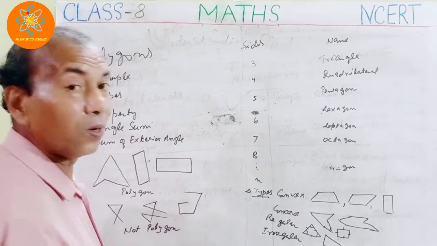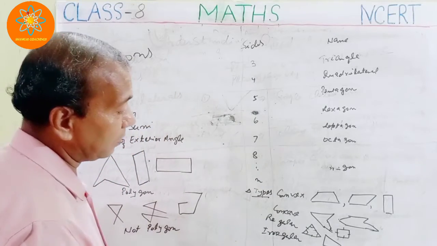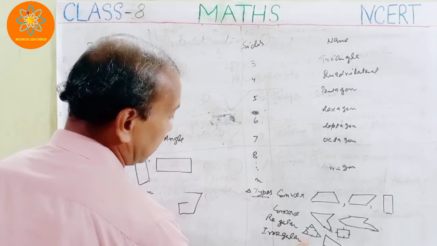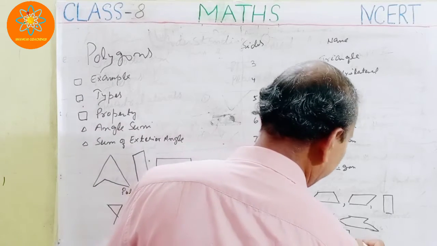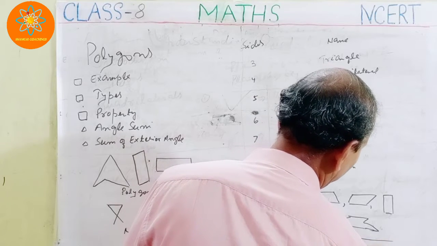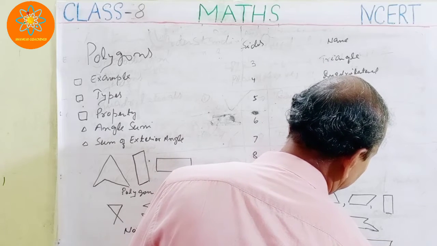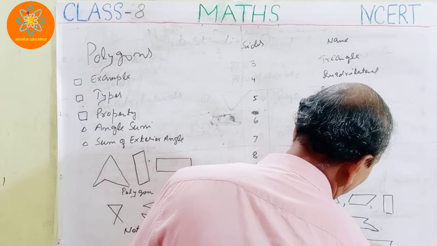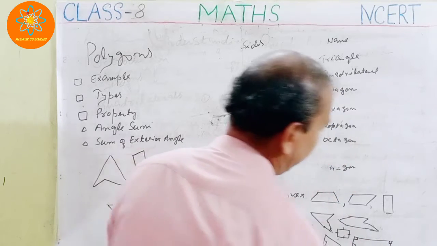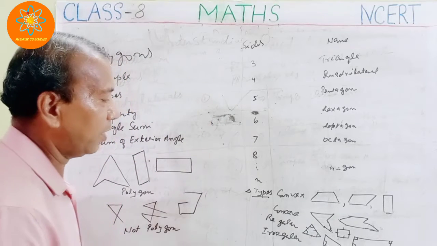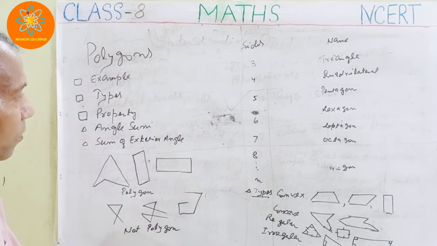Angles are not equal as well as the sides are not equal. Similarly, I have one rectangle also. See in the rectangle also, this is 90 degree. All angles are 90 degree. And sides are also not equal. So this is your irregular polygon.